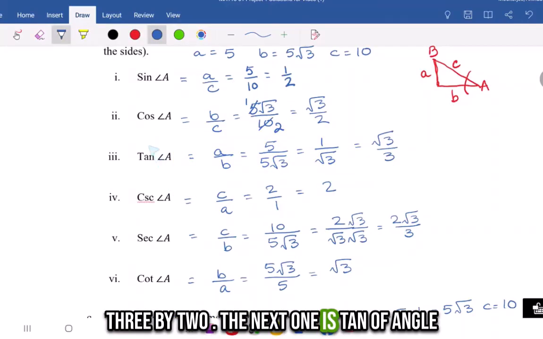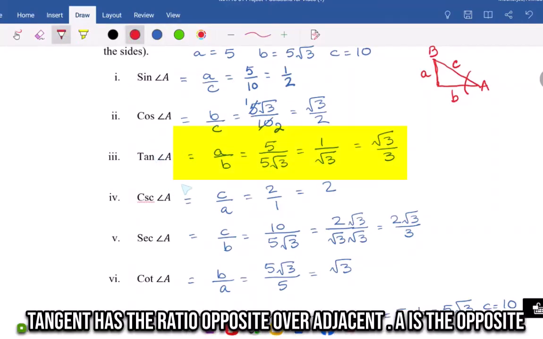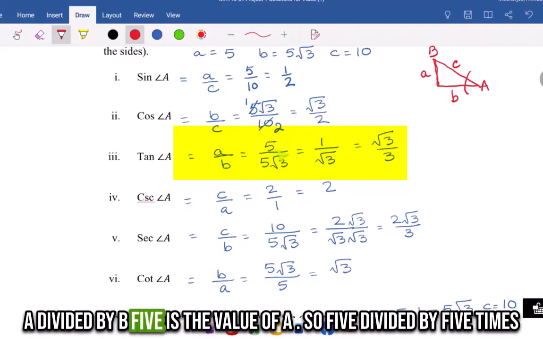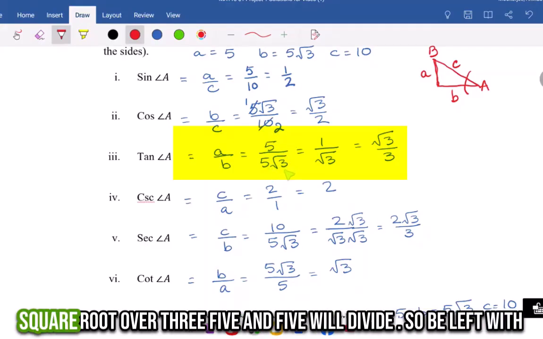The next one is tan of angle A. Tangent has the ratio opposite over adjacent. A is the opposite side to angle A and B is the adjacent side to angle A. So it's A divided by B. 5 is the value of A. So 5 divided by 5 times square root of 3. 5 and 5 will divide.